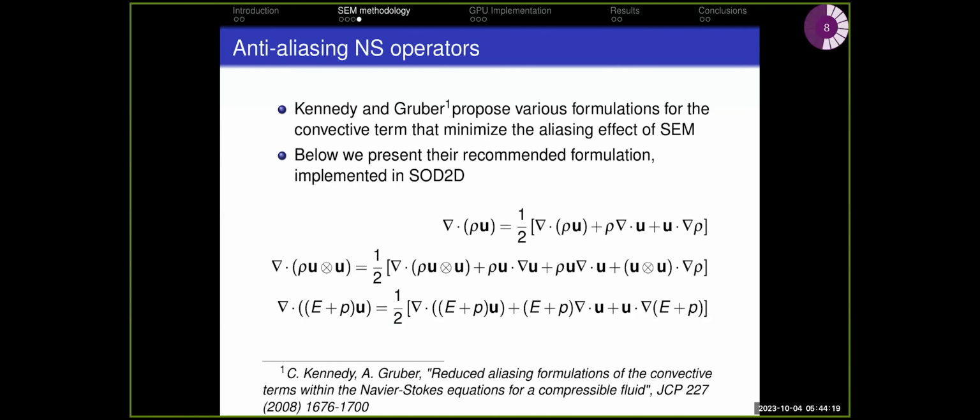Now, finally, regarding the issue that I mentioned on the aliasing terms, when we get to the Navier-Stokes equation, following this paper of Kennedy and Gruber, we discovered that we can actually implement these skew-symmetric expansions to the convective terms of the Navier-Stokes and end up with a formulation that is actually anti-aliasing.